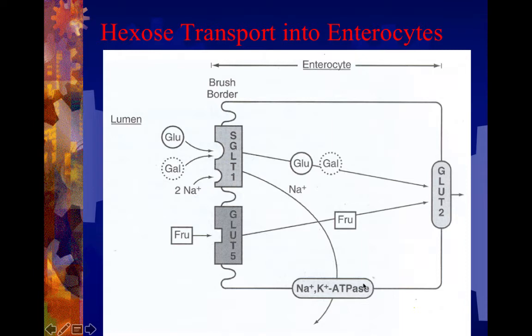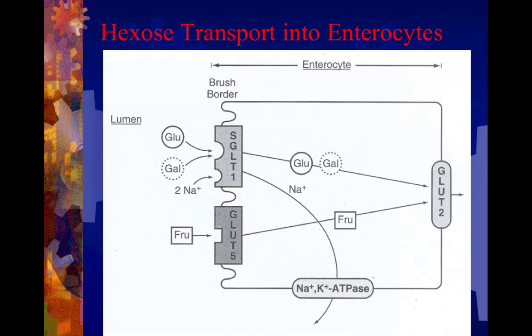It's called an ATPase because it hydrolyzes ATP in order to use the energy from that process to quickly and efficiently export sodium and import potassium. Most important part of that is it is exporting sodium.